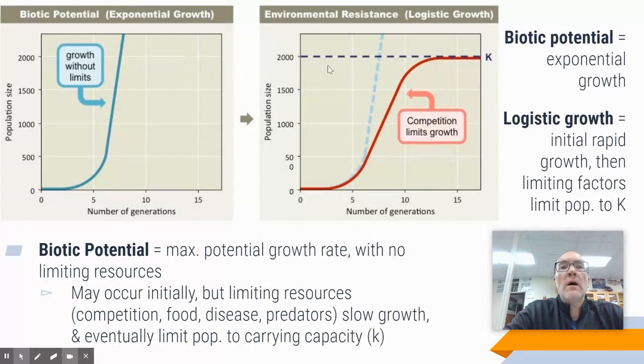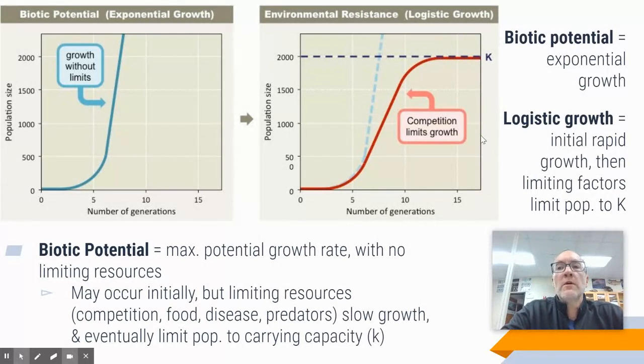Here is environmental resistance, and what that produces in contrast to exponential growth is logistic growth. That's when there's initially a rapid growth rate, and then those limiting factors start to reduce that population and it plateaus at that carrying capacity, or it overshoots and then comes back down.